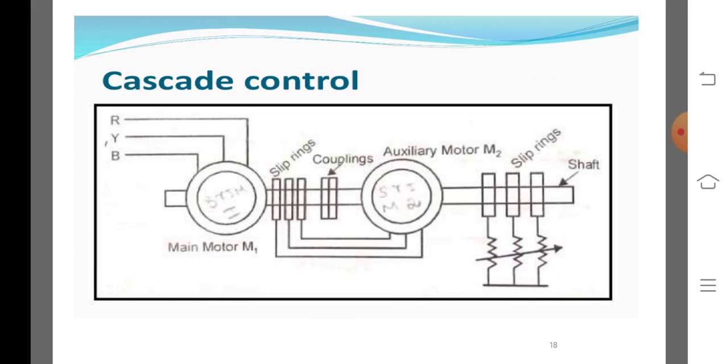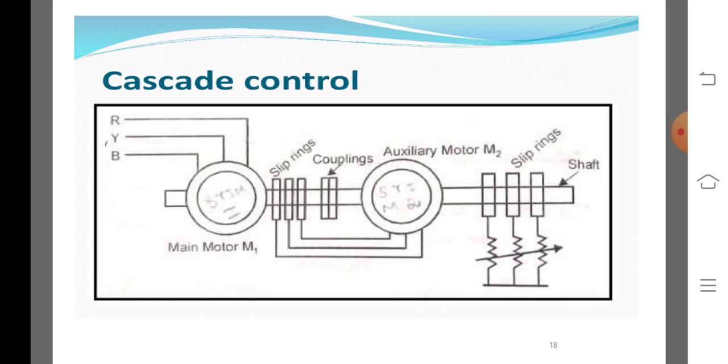When multiple speeds are required, motors are sometimes operated in tandem or in cascade mode. In this mode, two motors are coupled to the same shaft. Look at the picture: the two motors coupled to the same shaft.